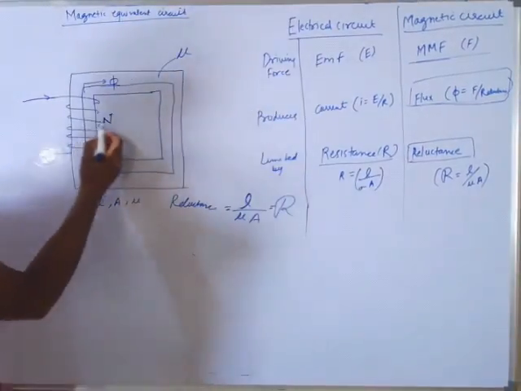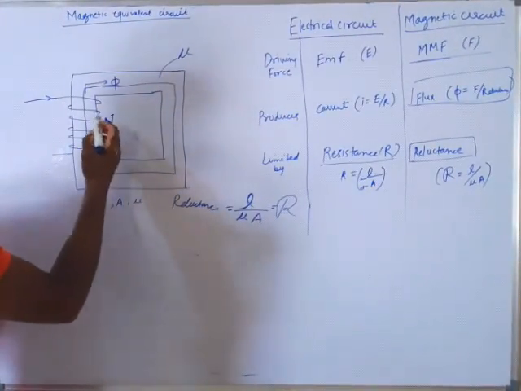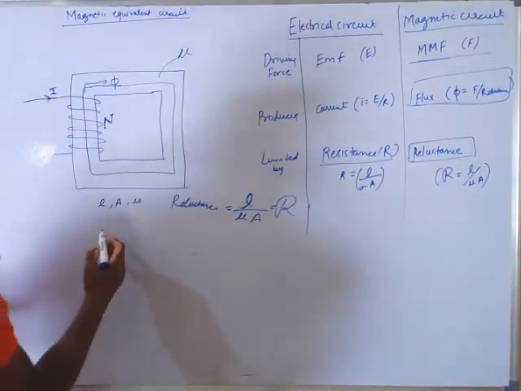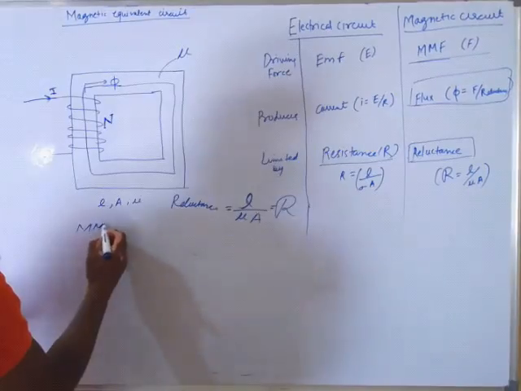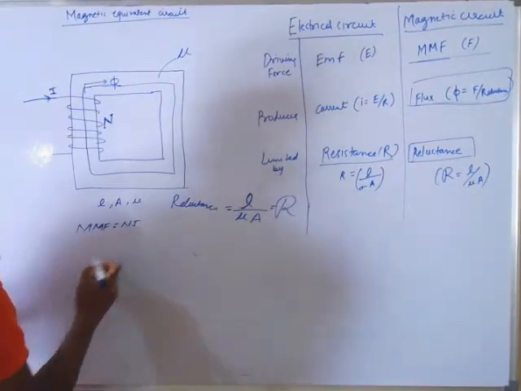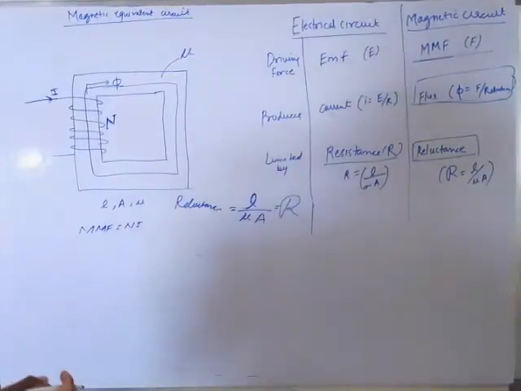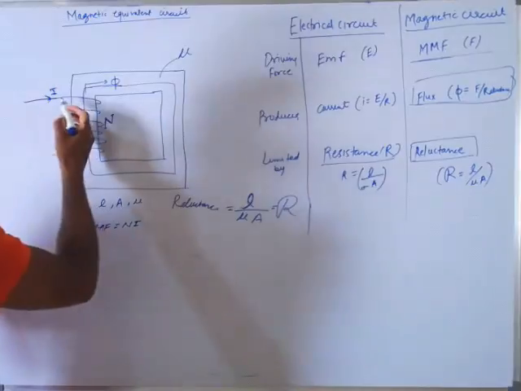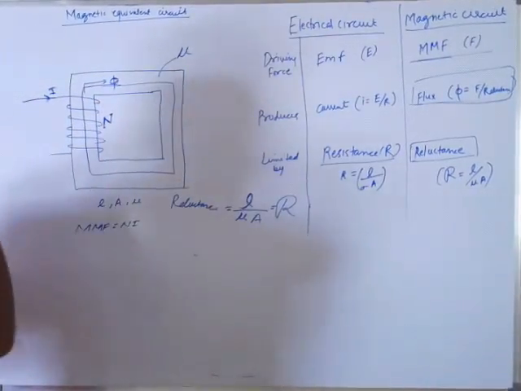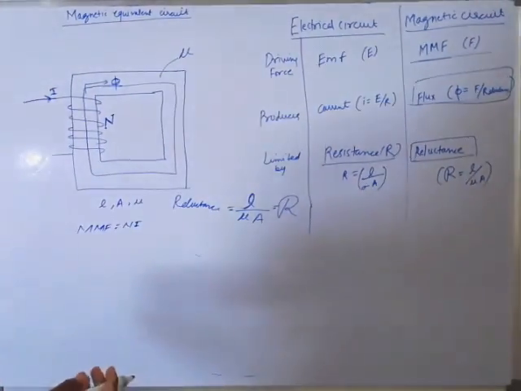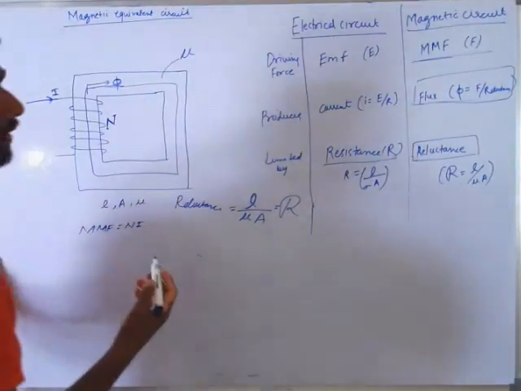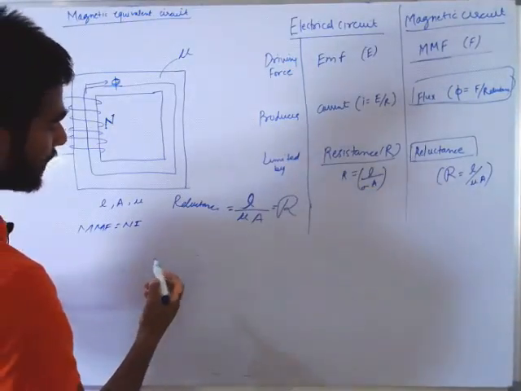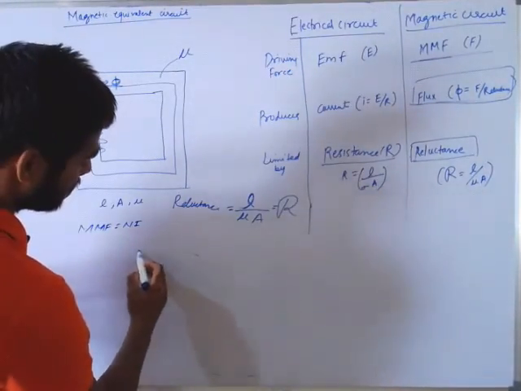Now, what is the driving force? Suppose the coil has N turns, and the current flowing in the turns is I. So MMF is equal to Ni, and the flux produced by this MMF is phi. Now we have obtained the required parameters to draw the magnetic circuit.